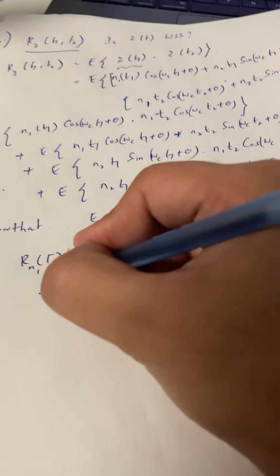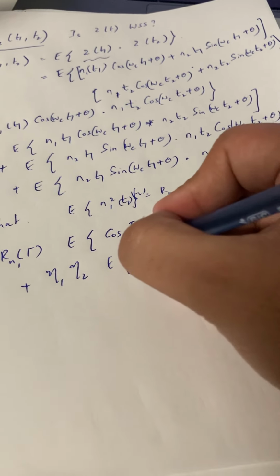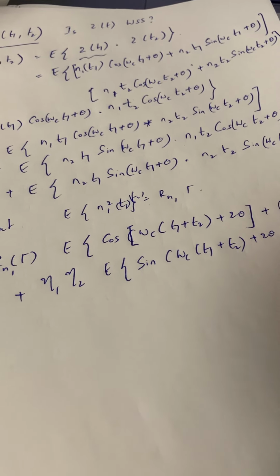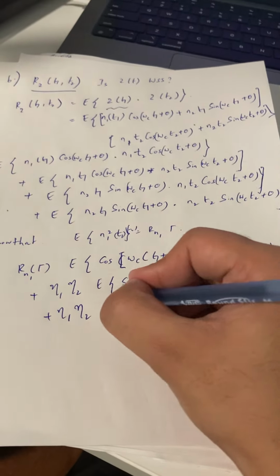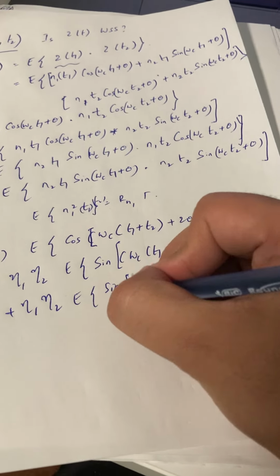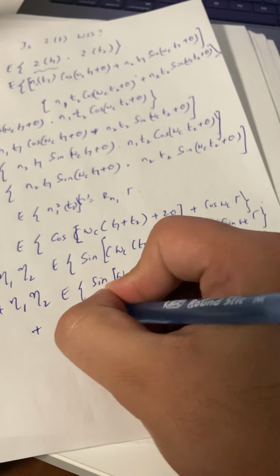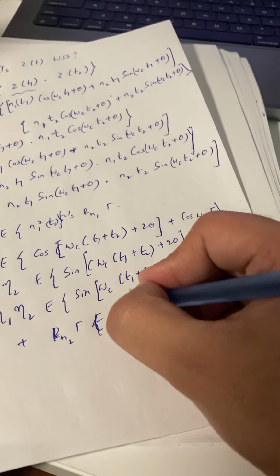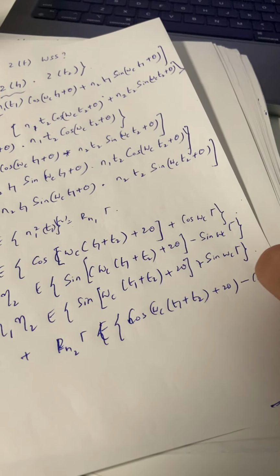The other is eta 1 eta 2 E of sine of omega c t1 plus t2 plus 2 theta minus sine of omega c tau, plus eta 1 eta 2 E of sine of omega c t1 plus t2 plus 2 theta plus sine of omega c tau, plus Rn2 of tau times the expected value of cos of omega c t1 plus t2 plus 2 theta minus cos of omega c tau.